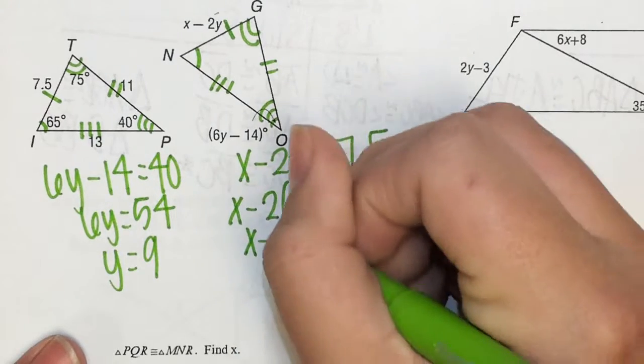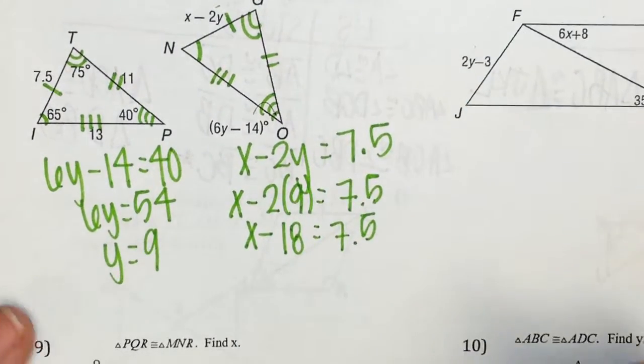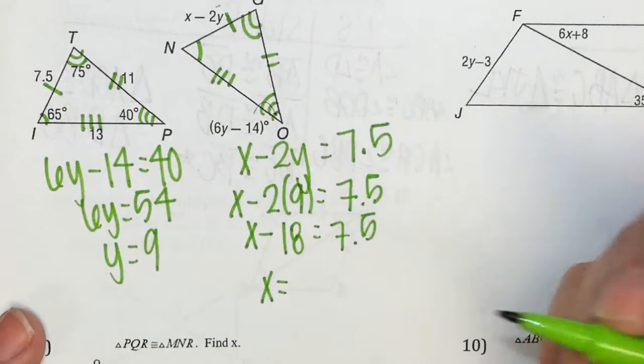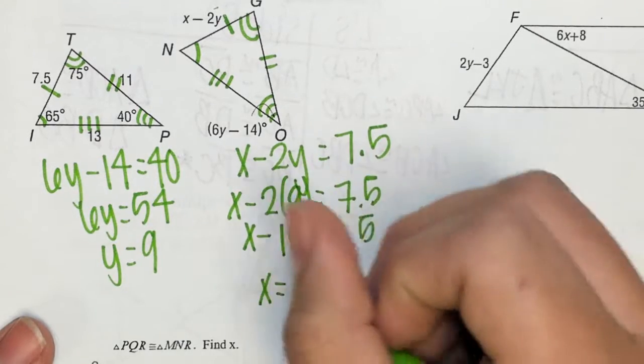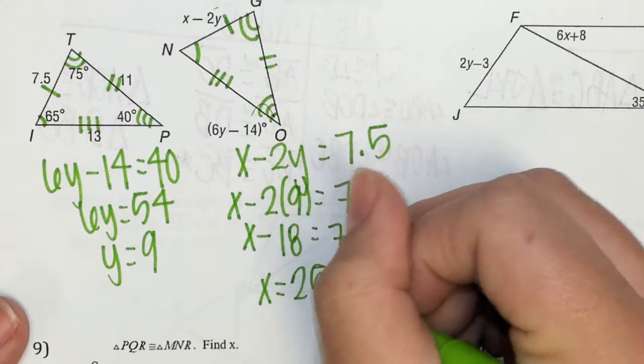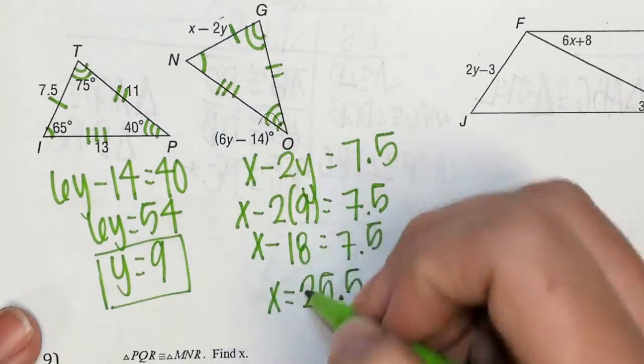So then 2 times 9 is 18. Add 18, and what do you get? 25.5. I'm so proud.